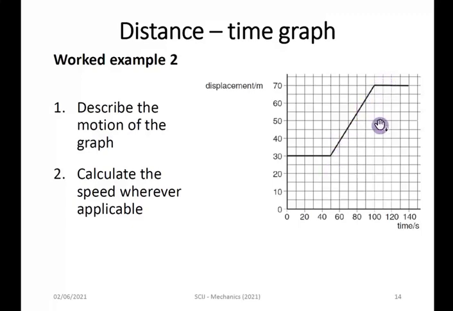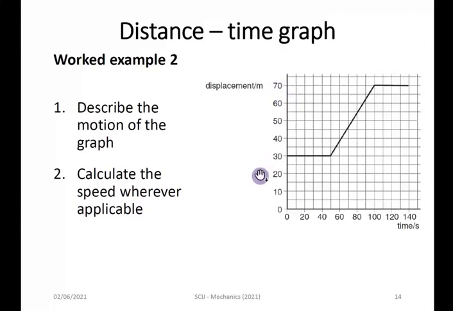Now I can take this triangle, a point here and a point here, and the point here will be 100, 70 and the point here will be 50, 30. So the gradient will be to find the vertical change.